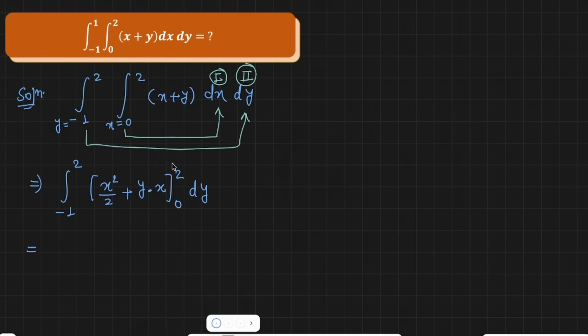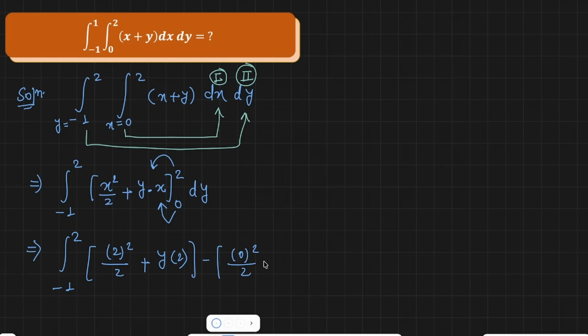Now simply put the upper limit and then the lower limit. It is very easy. So from -1 to 2, putting the upper limit, it will be 2 square by 2 plus y into 2, minus 0 square by 2 plus y into 0. In the place of x you put this limit, and then this is your dy.